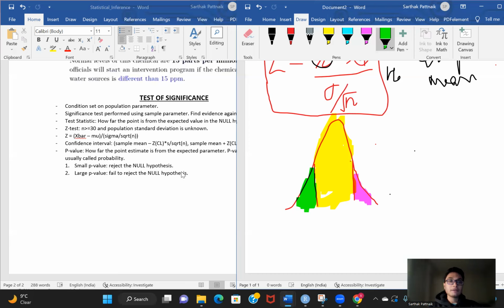So this is another point which we'll come to in later sessions also. We'll be repeatedly coming back to these concepts again and again when we'll be solving questions on hypothesis testing and test of significance. But for this particular session, this much is sufficient.